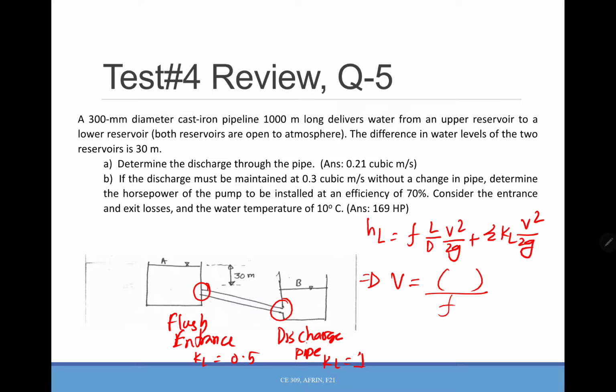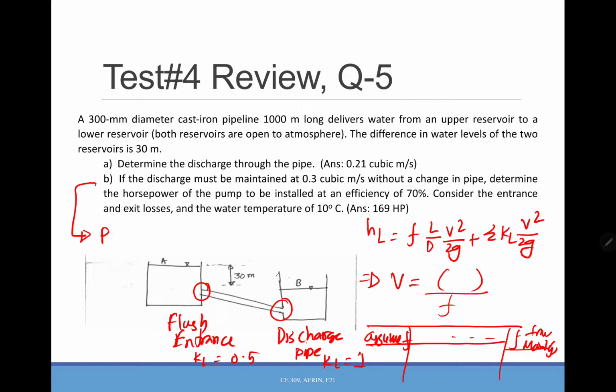So once you have that, you need to do that table where you will assume f and finally get f from Moody's diagram. Okay, and once you know the f, you will get the Q, and for part 2, power is gamma Q H.